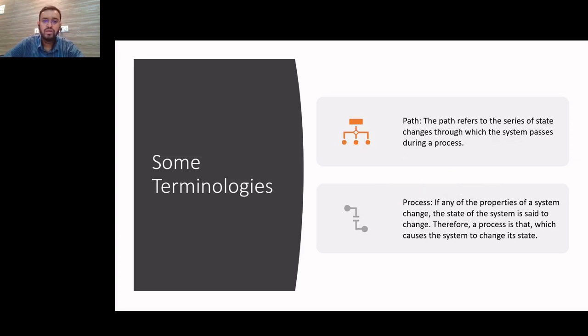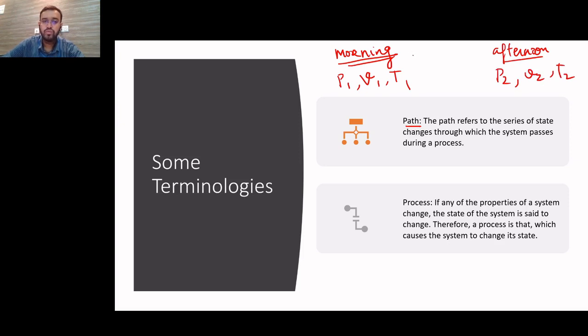Okay. Then we have to talk about something called a path. Now, as I told you about the atmosphere, in the morning you have one set of conditions, say pressure 1, velocity 1 and temperature 1, and in the afternoon you have pressure 2, velocity 2 and temperature 2.